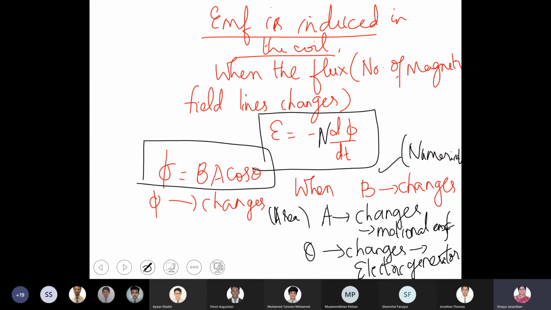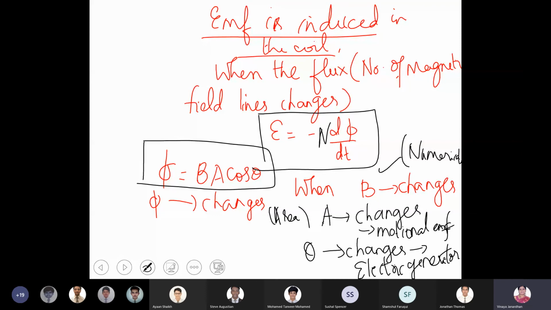So in this entire chapter, when you are learning about induced EMF, if flux has to change, B will have to change. Those concepts you will be studying while solving numericals. Theoretically, whenever the area of the coil changes, that is what we call motional EMF.